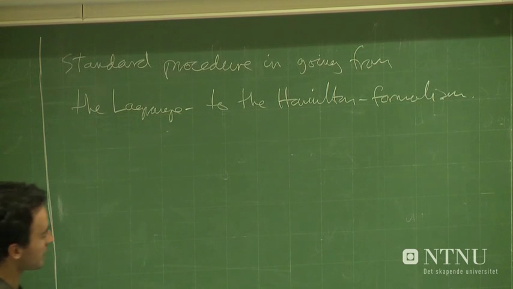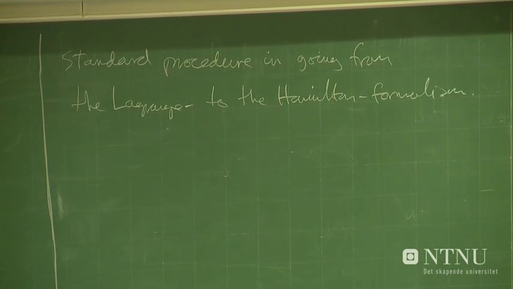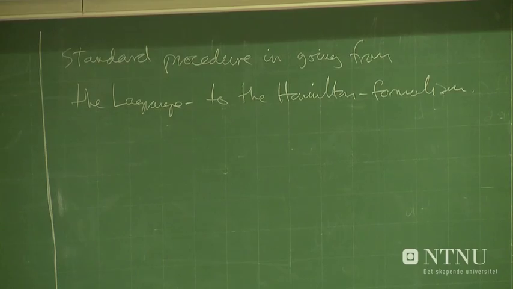So basically this is how to go from the Lagrange to the Hamilton formalism.